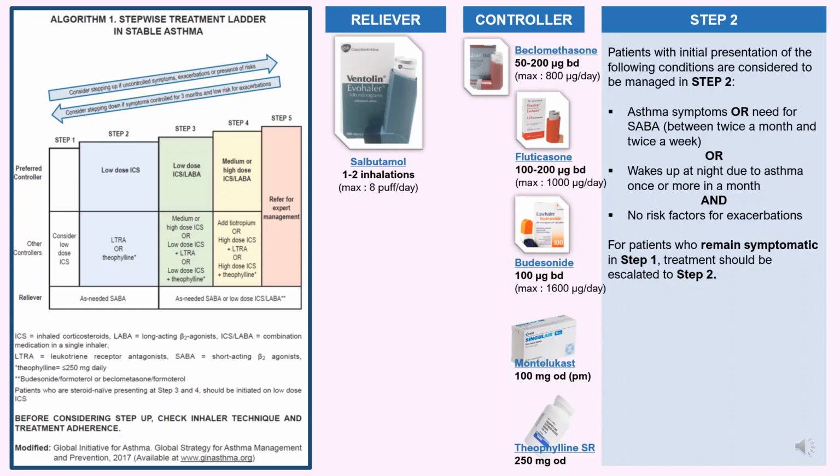These patients need to take low dose inhaled corticosteroids such as 1 to 2 puffs twice daily of beclomethasone, fluticasone or budesonide. One tablet daily of montelukast or theophylline are other options for controllers. This type of patient will also be prescribed salbutamol as a reliever therapy during the acute attack.